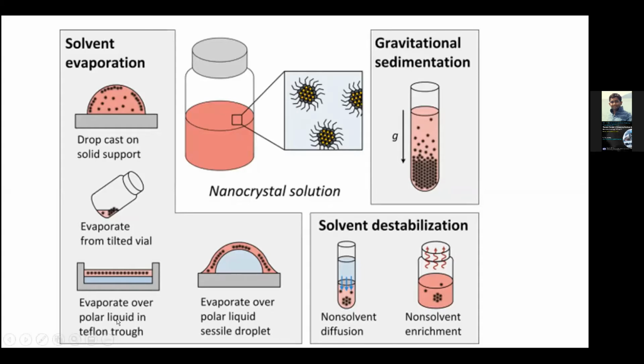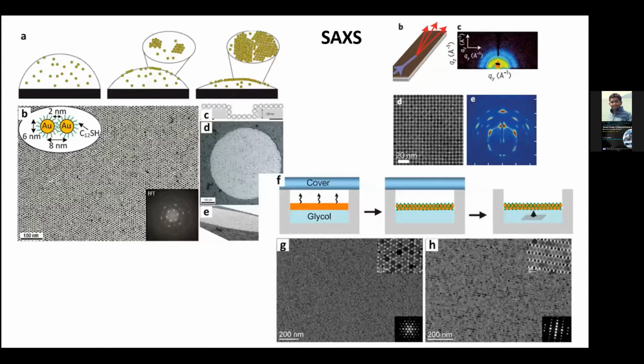Sure. Now, for an example of the film, you can see these are gold nanocrystals. For example, this is how it forms. You put a drop of the gold nanocrystals, and it's slowly evaporated.